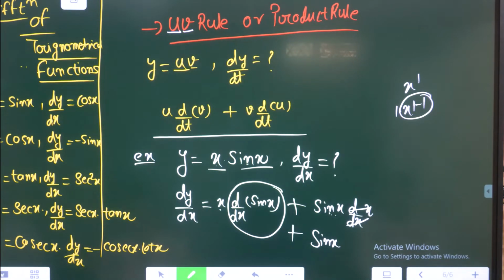Electron discovery, proton discovery. Electron by J.J. Thomson, and proton discovery by Goldstein. Neutron, James Chadwick. Rutherford, alpha particle scattering experiment.